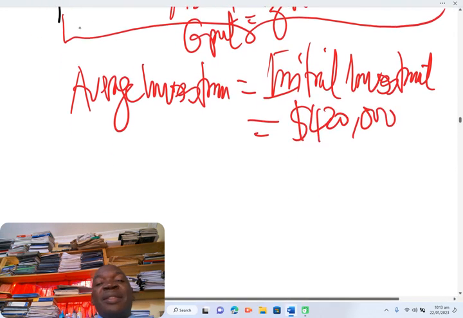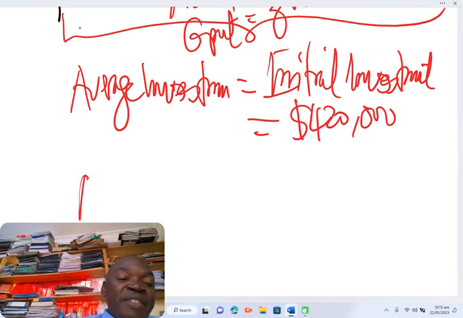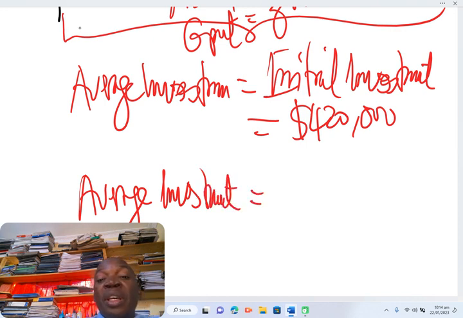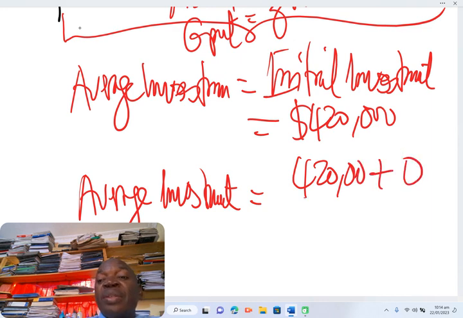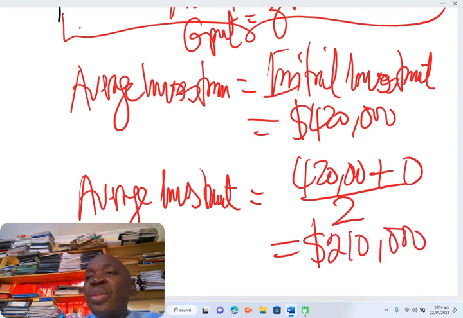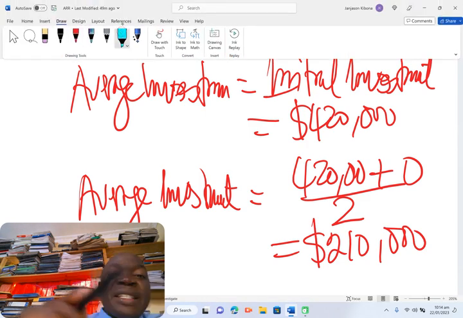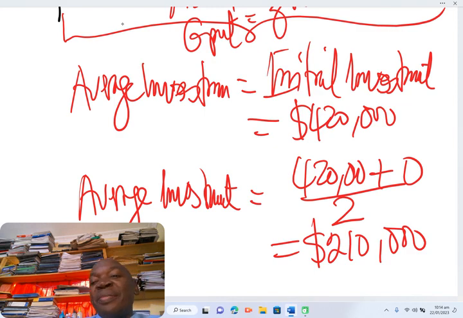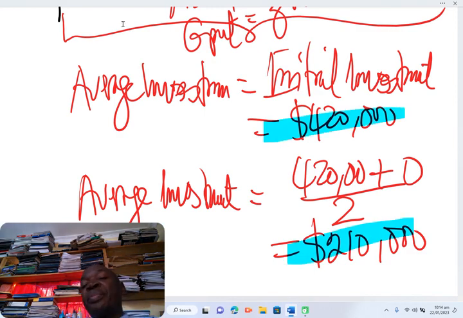But another reader can use average investment equals $420 plus 0 divided by 2, which is $210. So there are two figures. Once you use them, don't worry, just state in the formula which method you are using, whether this one or this one.